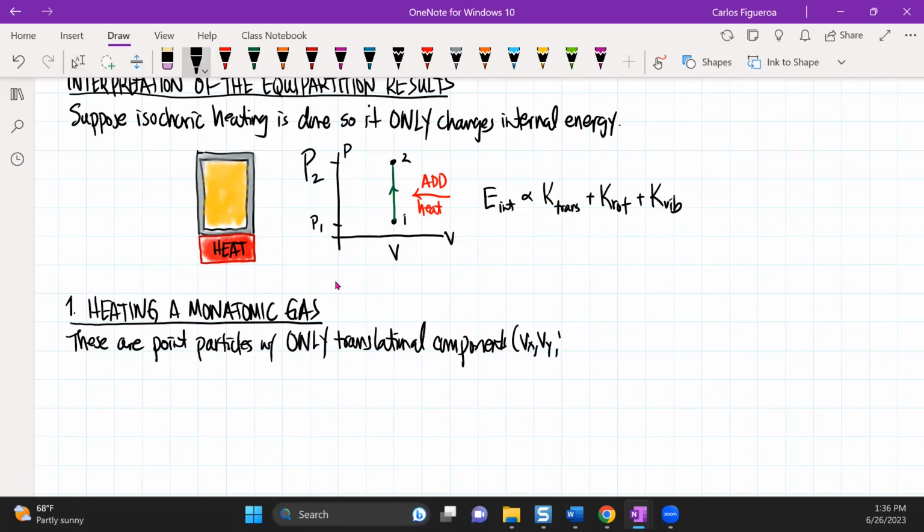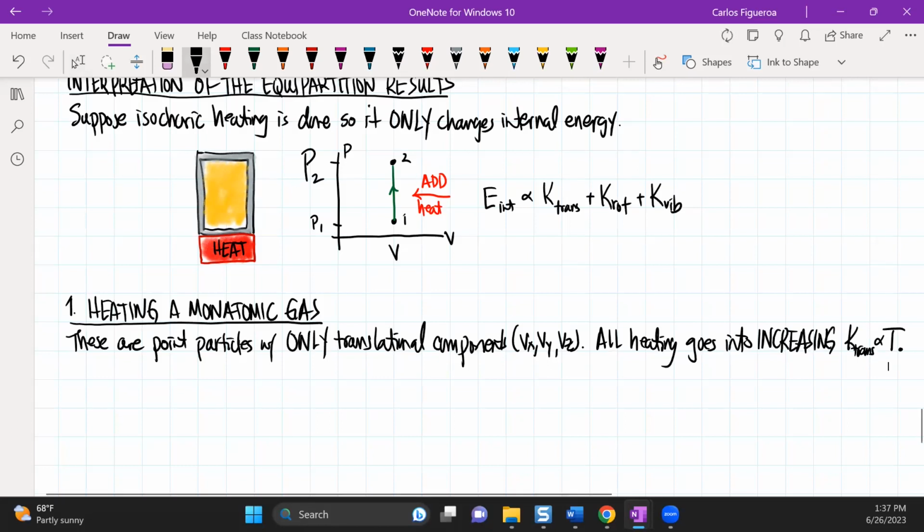Vx, Vy, Vz. So what this means here is that all heating goes into increasing K translational. And of course, that's proportional to temperature.